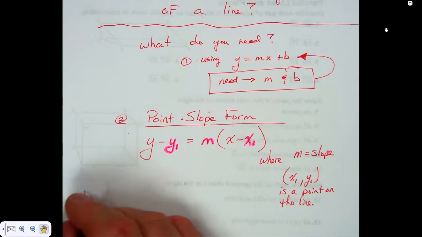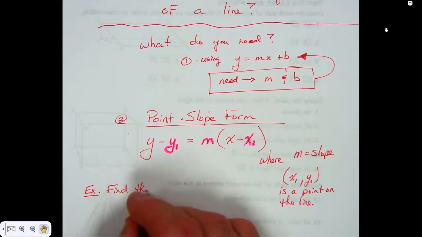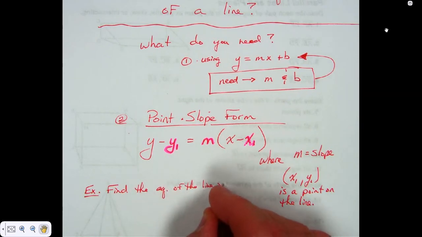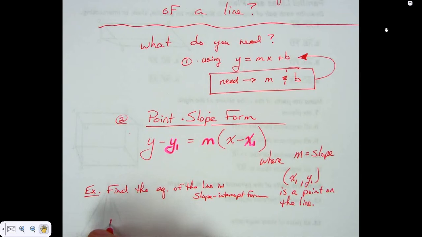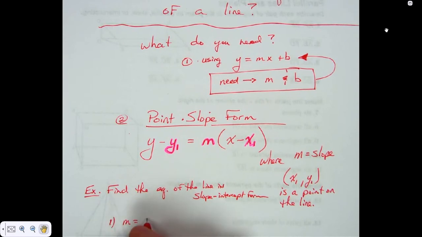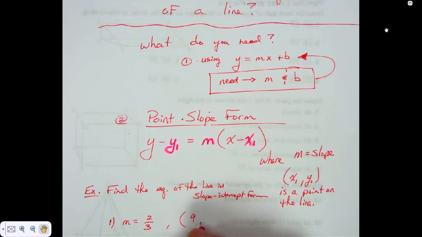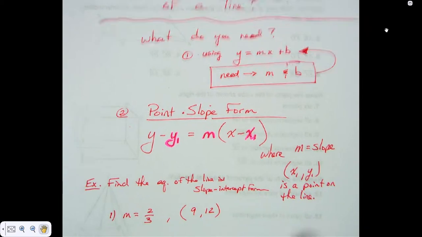So if I ask you to find the equation of the line in slope-intercept form, and for this example, the slope is 2/3 and the point on the line is (9, 12), could we do that with point-slope form? Of course you could.